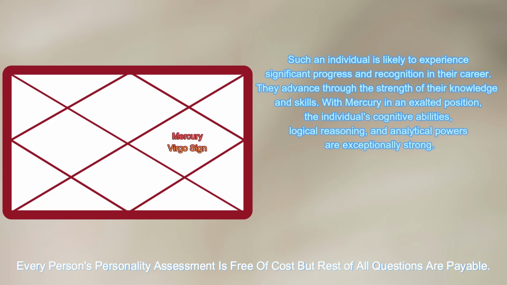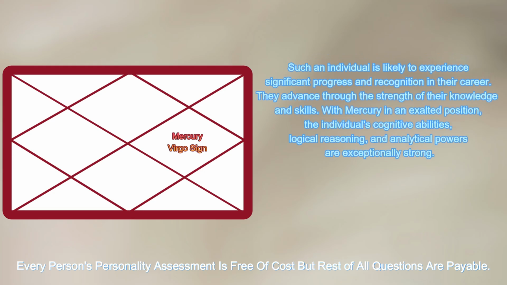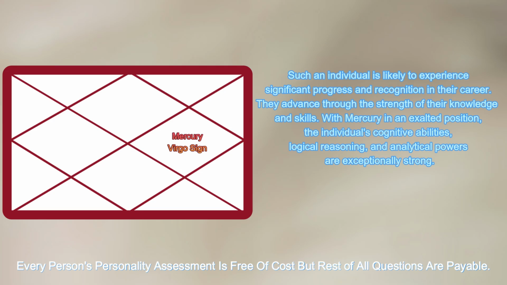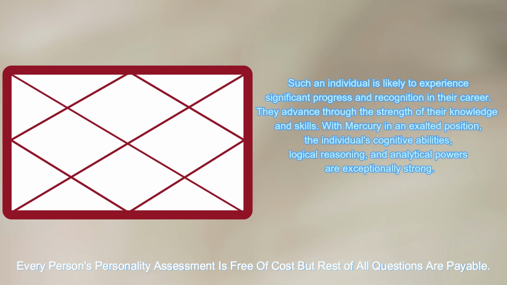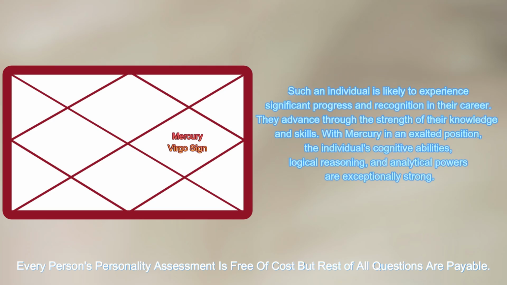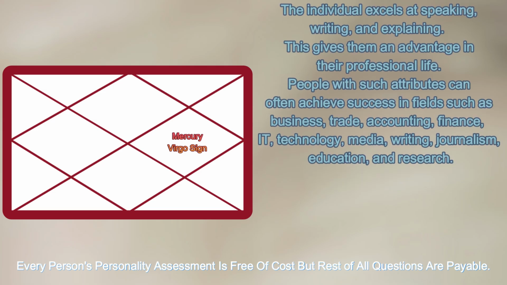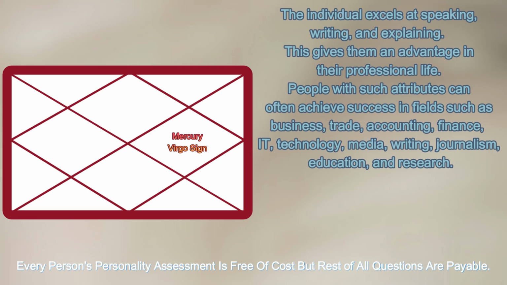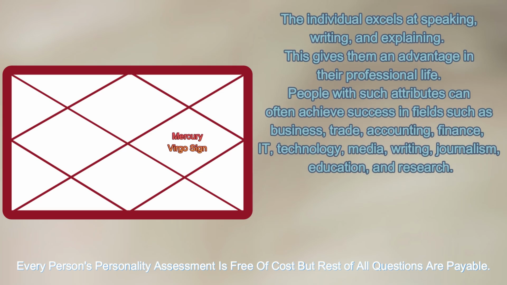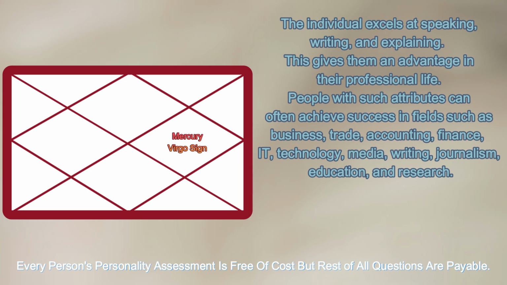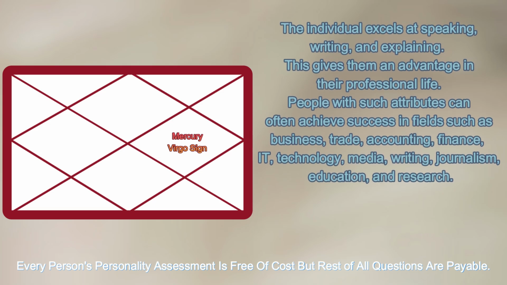With Mercury in an exalted position, the individual's cognitive abilities, logical reasoning, and analytical powers are exceptionally strong. The individual excels at speaking, writing, and explaining. This gives them an advantage in their professional life.